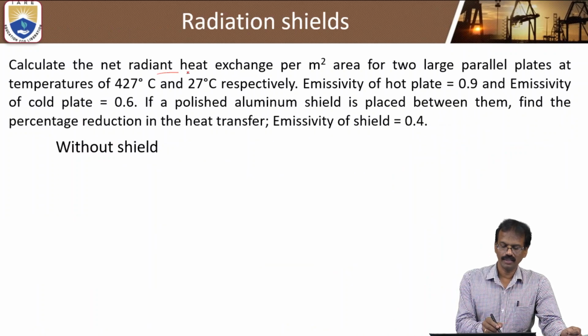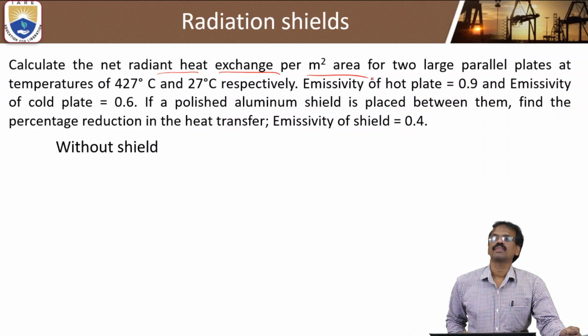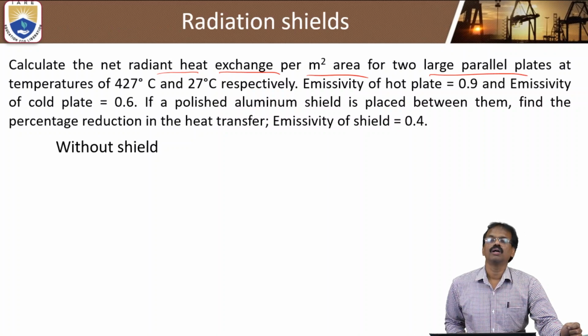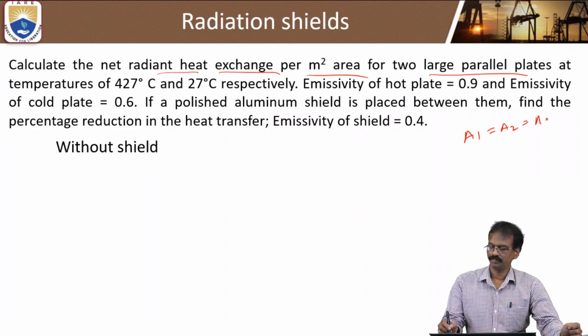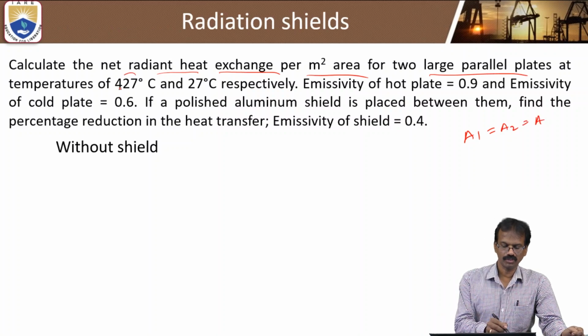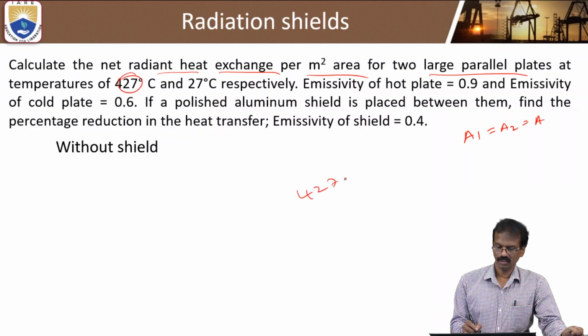Calculate the net radiant heat exchange per meter square area for two large parallel plates. Here also, large parallel plates means areas A1 is equal to A2 is equal to A. Temperatures are also given: 427 plus 273 kelvins is T1.